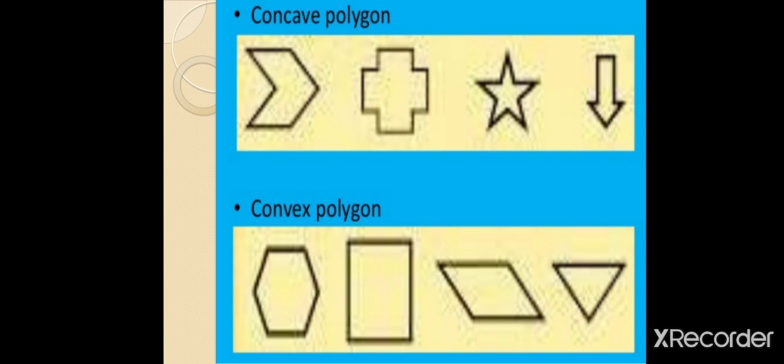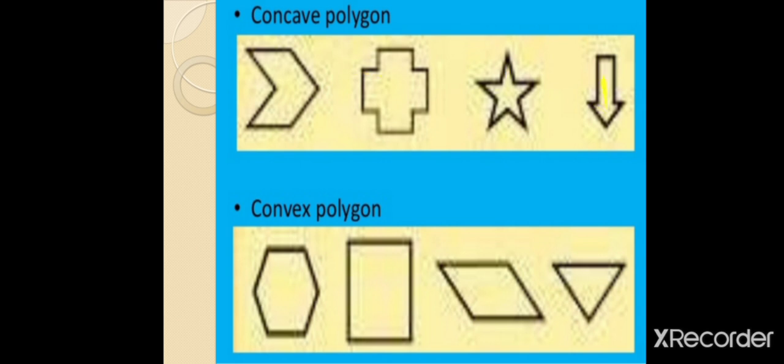Let us see some more examples. So here are the convex polygons: first, second, third, fourth, all these shapes. When we take any 2 points belonging to this polygon boundary and connect those points, the line is surely lying completely inside the boundary. That's why these are called convex. But in the above figure, each and every boundary has a cave-like structure.